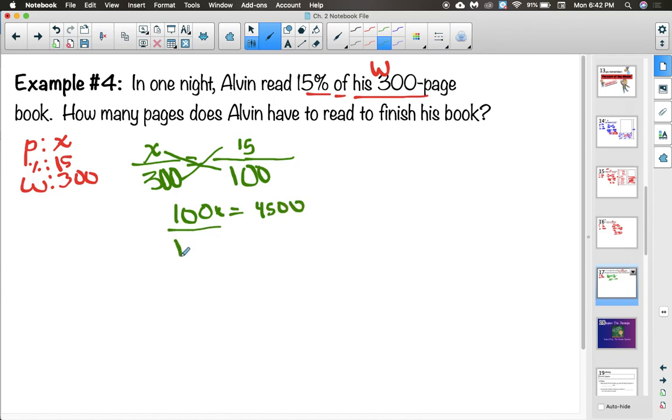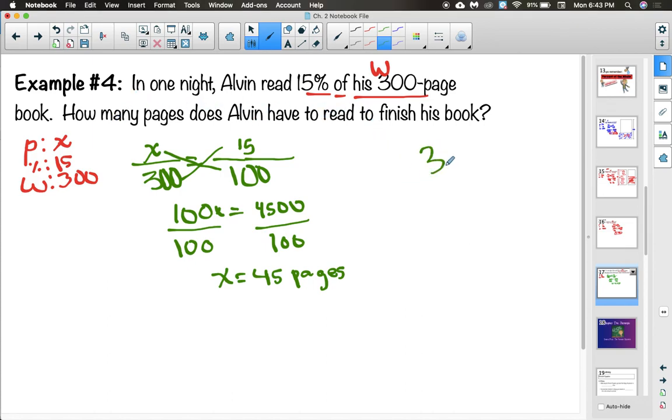And we have to divide both sides by 100 to solve for 15%. Okay, so we get x equals 45. So this only tells us that Alvin has read 45 pages.